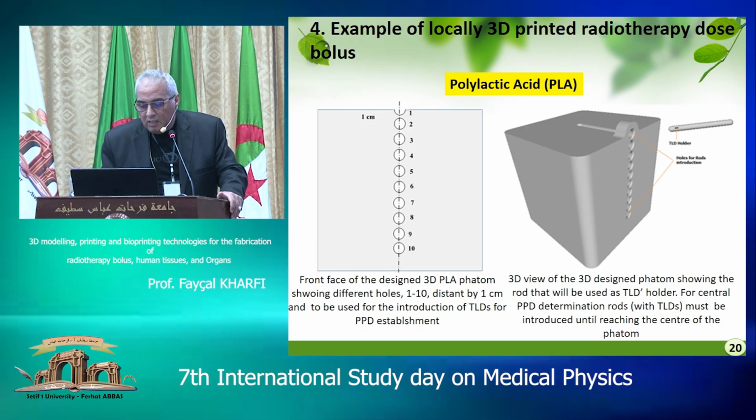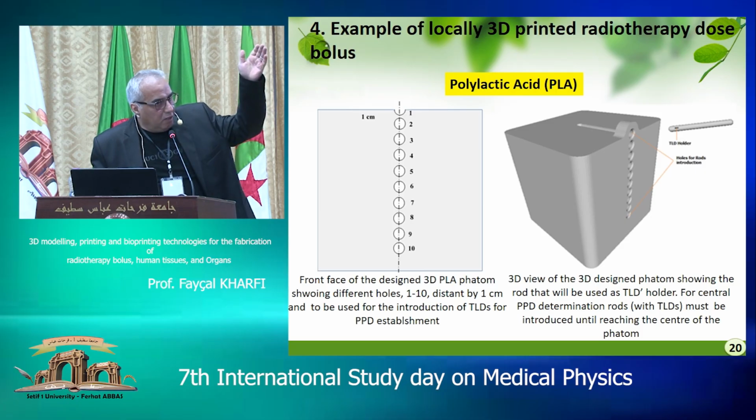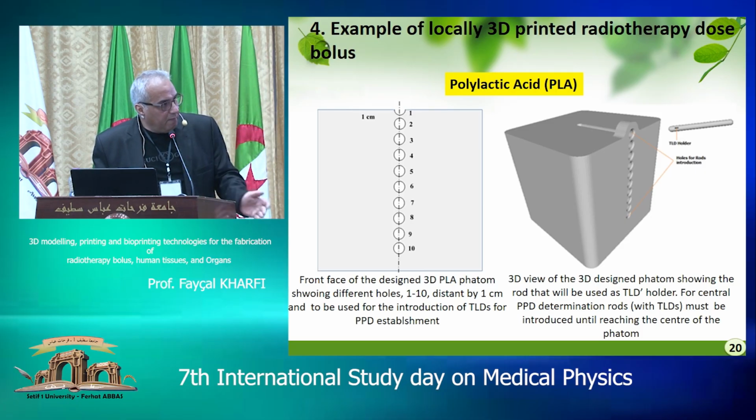The first one concerns the dose response. For the dose response, because we need the profile of the dose in depth, we fabricate a phantom with some location inserts in order to introduce thermoluminescent dosimeters and measure the dose in depth.